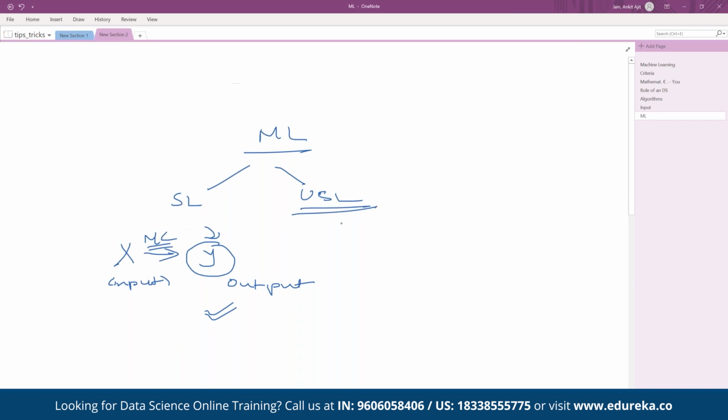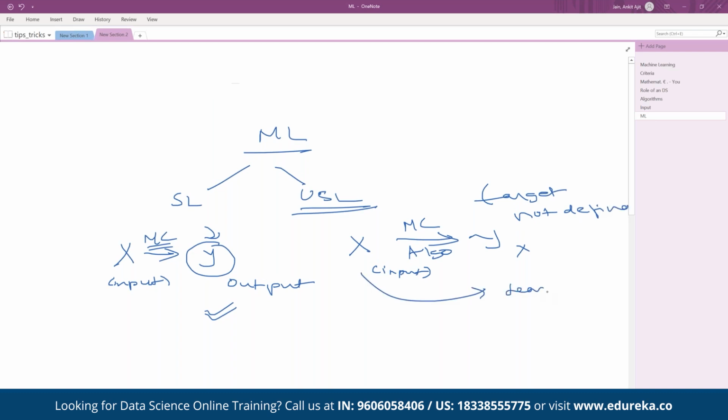And if you are feeding in X, your input data, into a machine learning algorithm, but you have not told it what Y you want, so the target is not defined, what will the machine do? The machine will automatically learn the pattern itself. In that case, it is known as unsupervised learning.